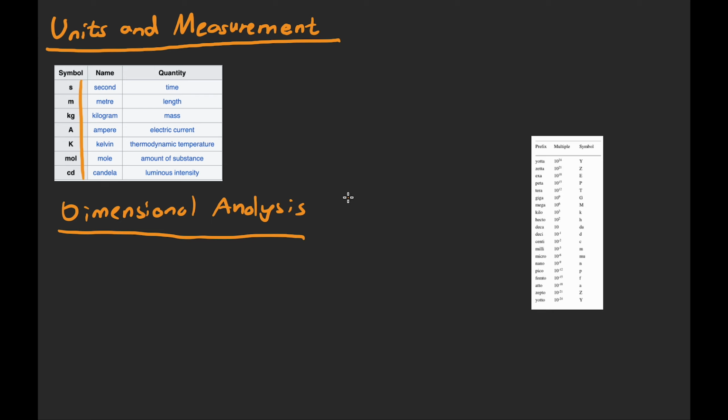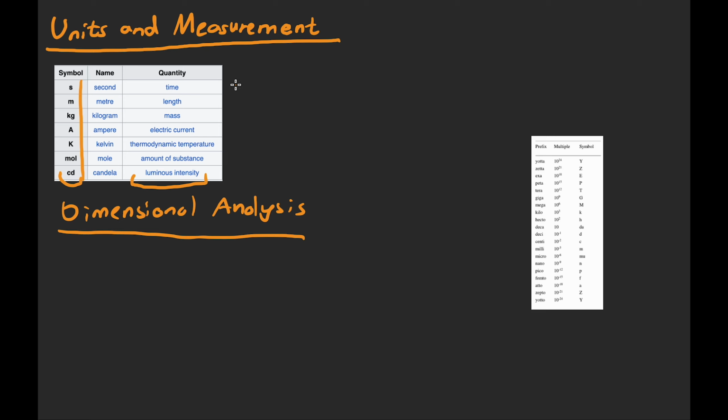You can think of it as a different terminology for describing units, but you can think of units as these and the dimensions as these. See the correlation? Makes sense? Kind of? Yeah.